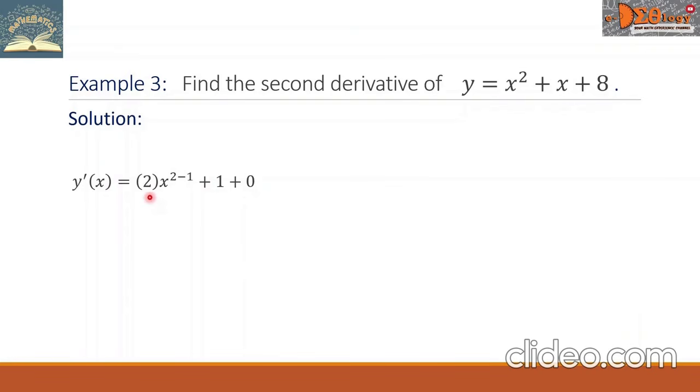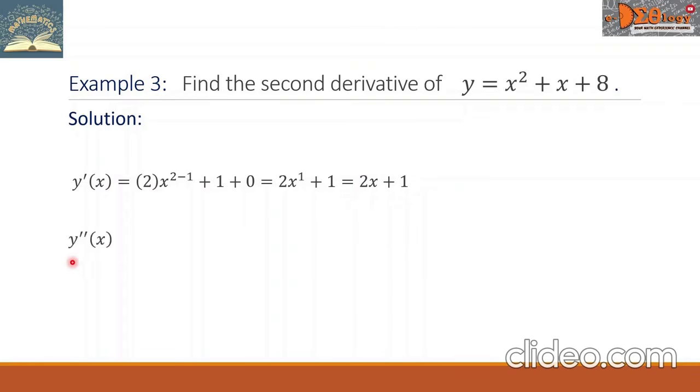Simplifying further, we have for this first term 2 times x raised to power 1 plus 1. We copy this one. No need to write the 0 here. So with exponent 1, we can simplify further as 2x plus 1. This is the first derivative.